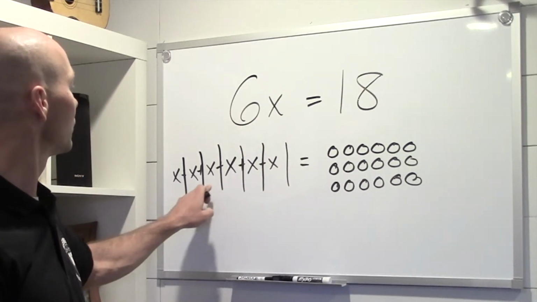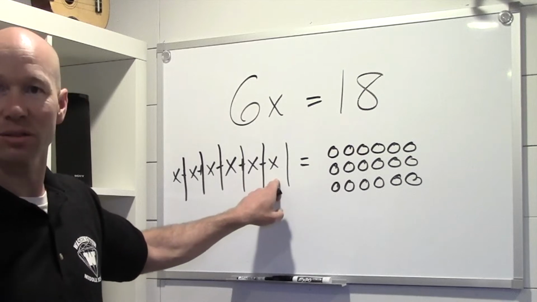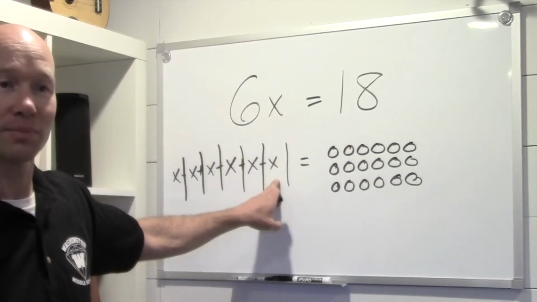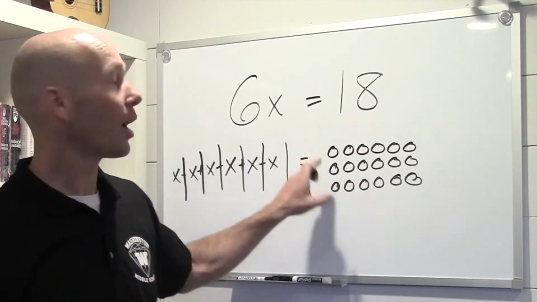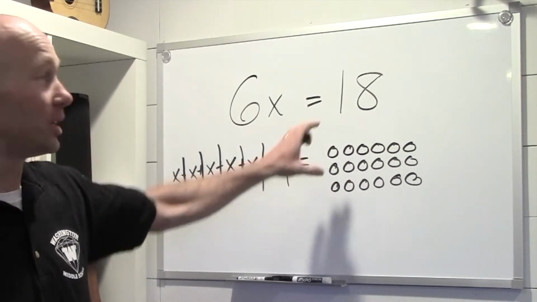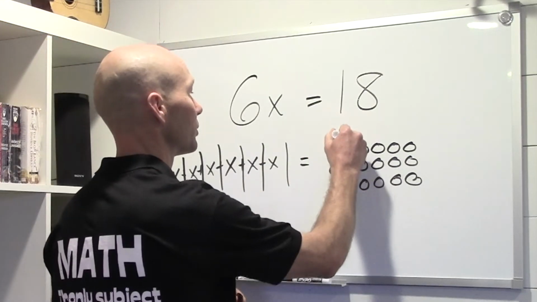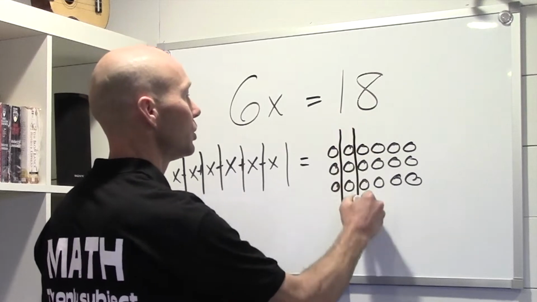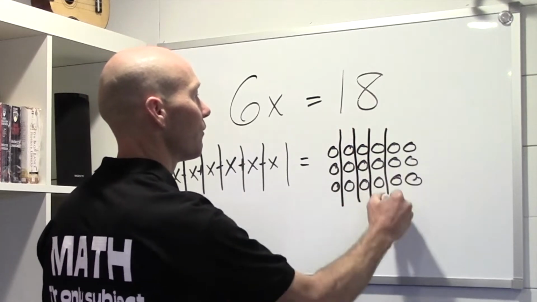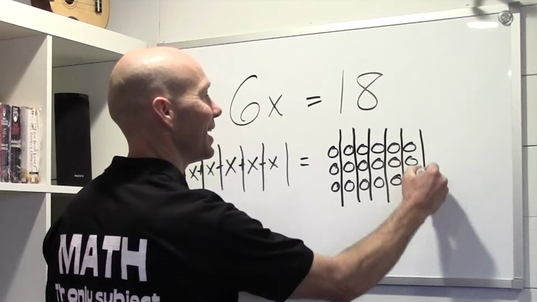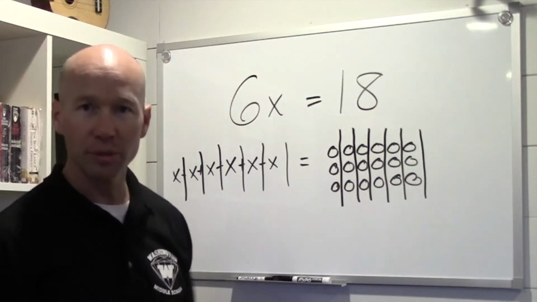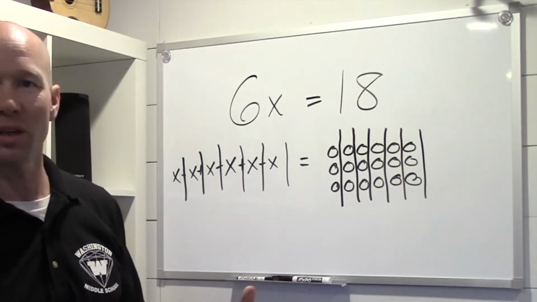So we have 1, 2, 3, 4, 5, 6 groups of our x's. And we're going to divide our 18 pieces into 6 groups as well, so we have 6 different groups of pieces on the right side of the equation.